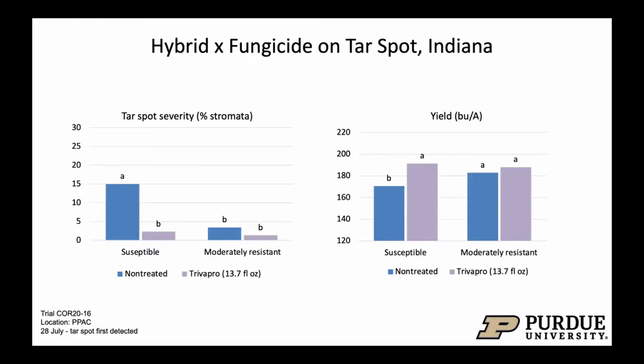And you can see here, if you look at disease severity in terms of the stromata on your left, you see in a susceptible variety the biggest impact of a fungicide, in this case, Trivapro, and less dramatic impact with a moderately resistant host, but there needs to be a lot more work done on these interactions. And here, similar trends in terms of yield. The benefit of the fungicide is most pronounced when applied to a fully susceptible variety.